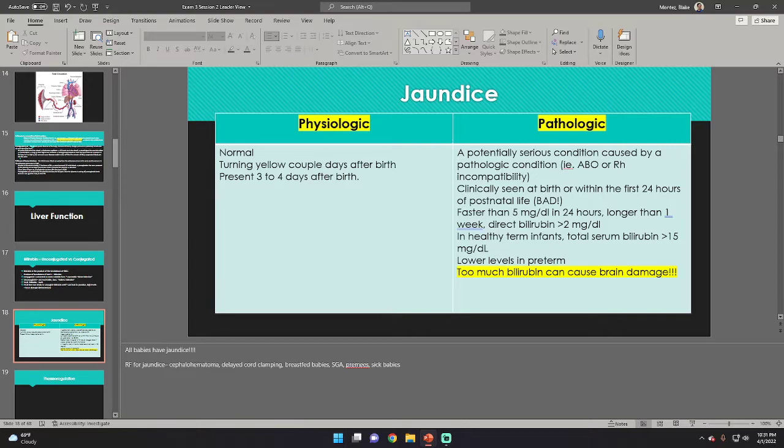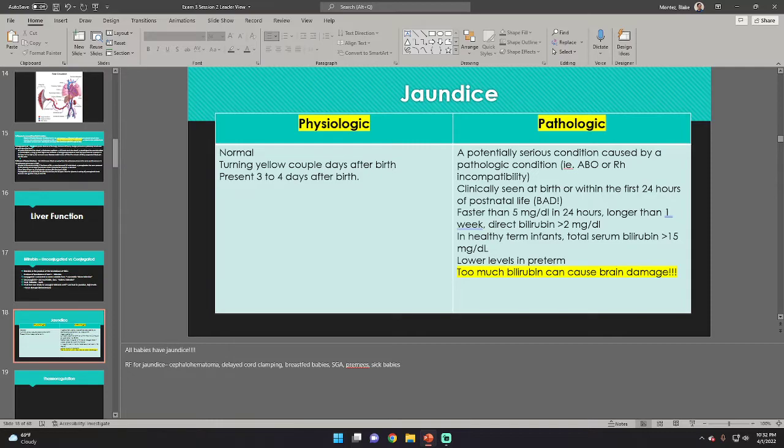Faster than 5 milligrams per deciliter in 24 hours or longer than 1 week, or direct bilirubin of more than 2 milligrams. In healthy term infants, the total serum bilirubin more than 15 milligrams. We have lower levels in the preterm. Of course, too much bilirubin can cause brain damage.